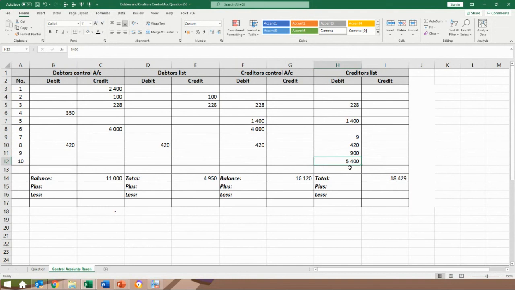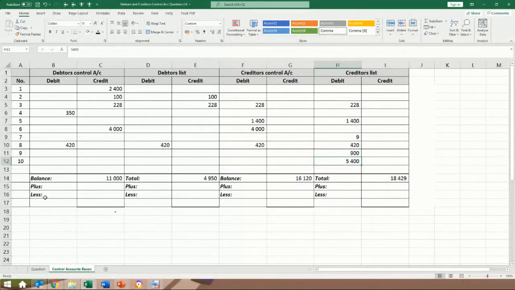Okay, so now we've done each and every individual transaction. Now the last step that you have to do is plus or minus the amounts. So let's start with the debtors control account. Which column will we add to the balance and which column will we deduct?